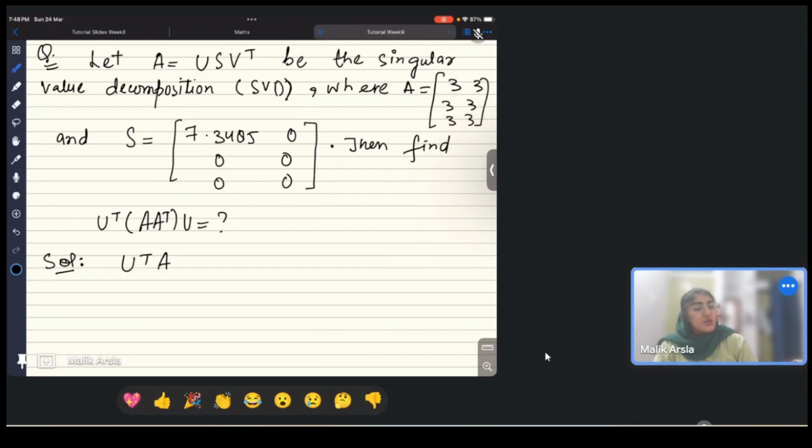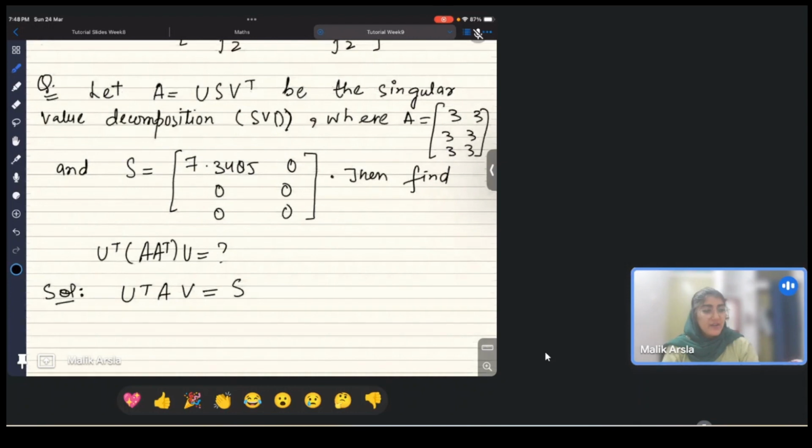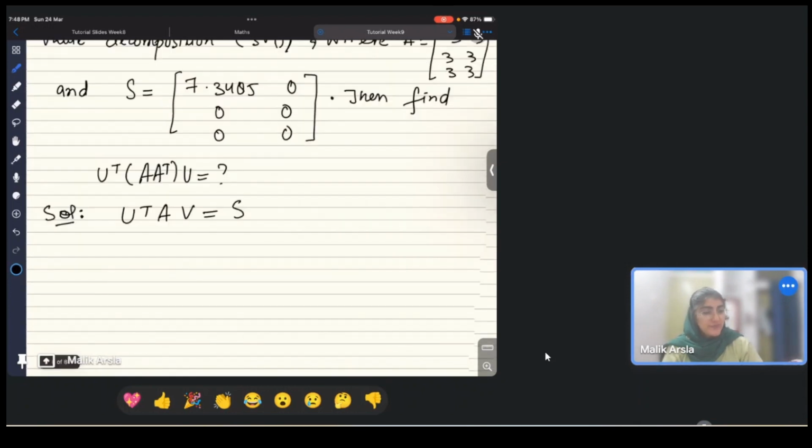Okay, so we know that U transpose A into V can be written as sigma, or here it is given as S, right? Let me replace it with S. I have done nothing, but I have taken this expression only. Let me do it from there only.